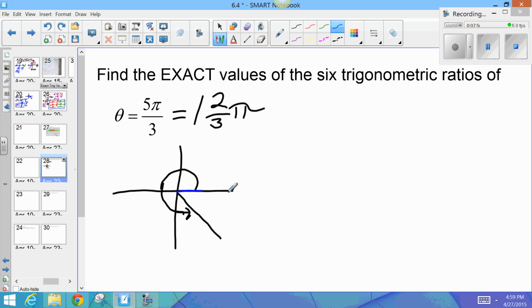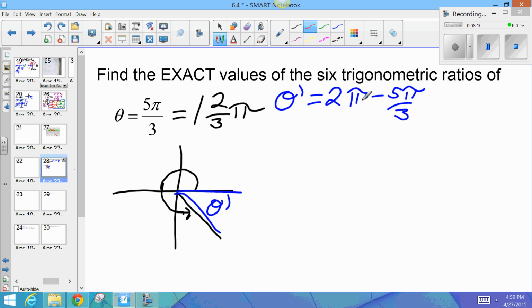Theta prime is the positive acute angle formed by the terminal side of theta and the x-axis. To find theta prime, I'm going to subtract 5 pi over 3 from 2 pi. I need a common denominator, so I multiply top and bottom by 3.